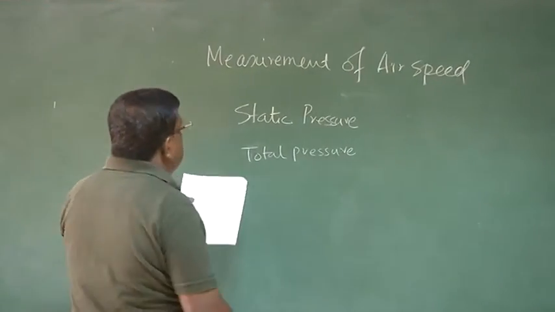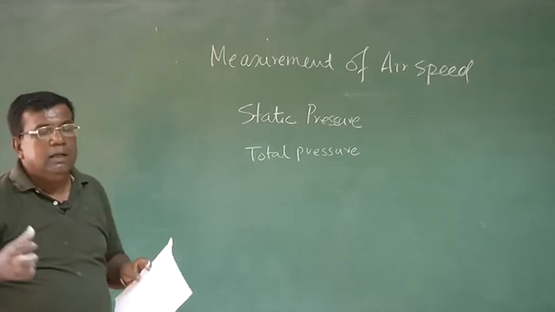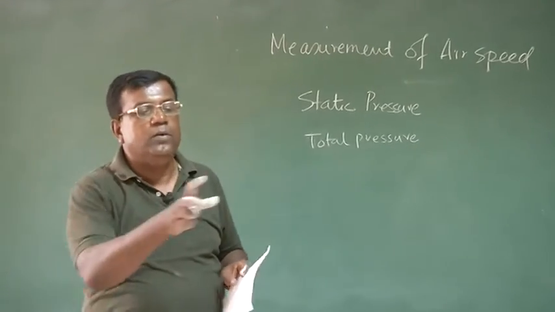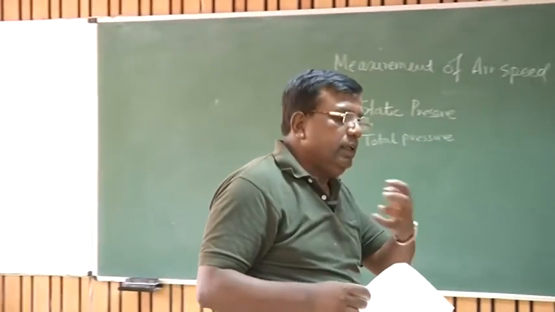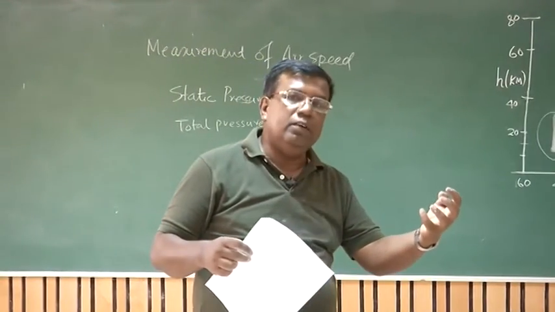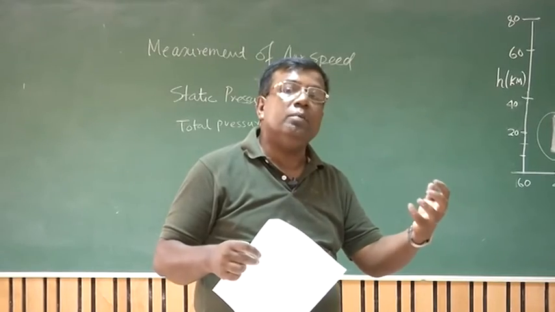When you try to understand total pressure, imagine a stream of fluid is flowing, right? And you want to stop this fluid motion very slowly, and then what sort of pressure you will feel is what is total pressure.